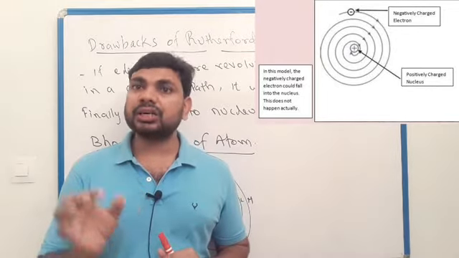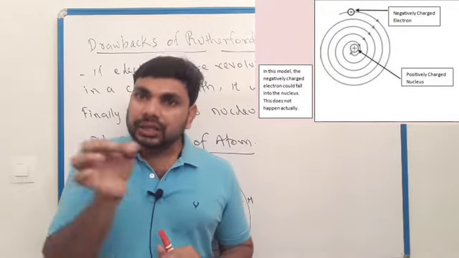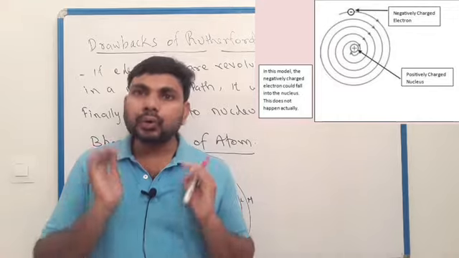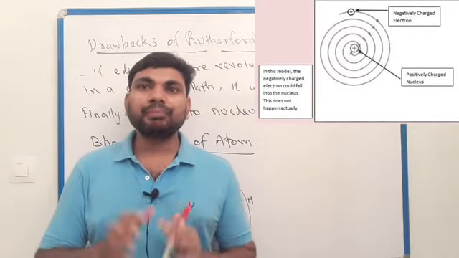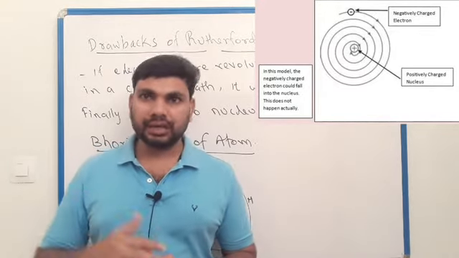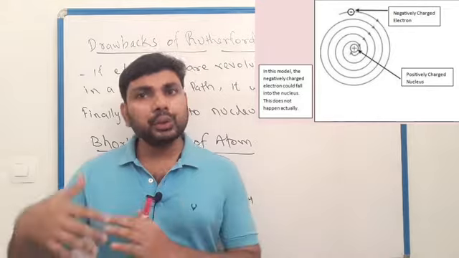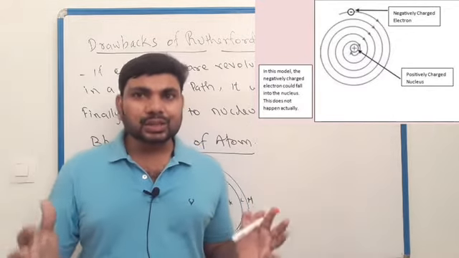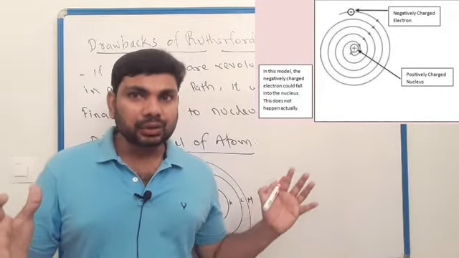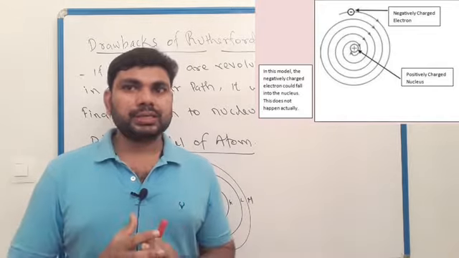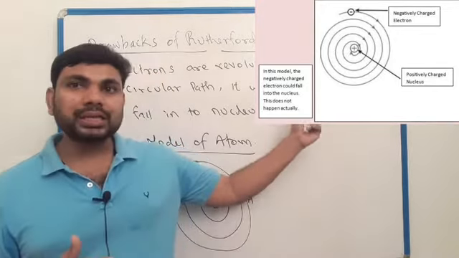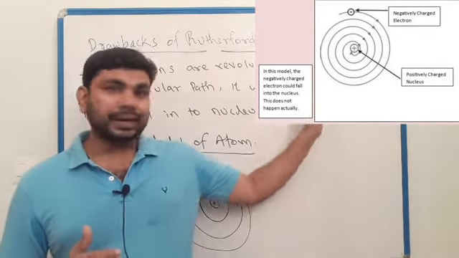If a charged particle like an electron is continuously revolving around a positively charged nucleus, the electron will radiate energy. The electron will lose energy, and after losing energy, it will come near to the nucleus, like in this diagram, like this picture.